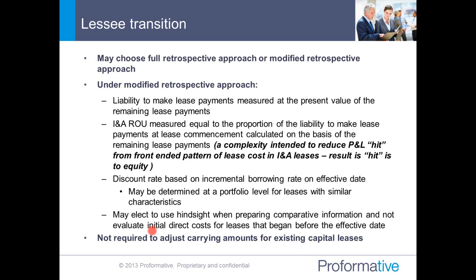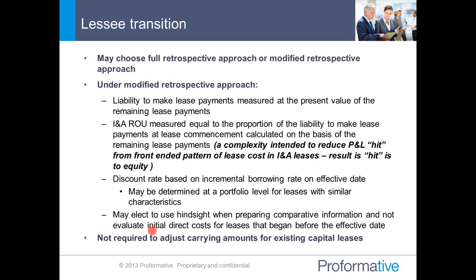But that just means that in transition, upon booking of those leases, the hit that would have hit P&L in the first year is a hit to equity. So I don't think it really solves the problem of front-ending costs in operating leases, which are really rentals.